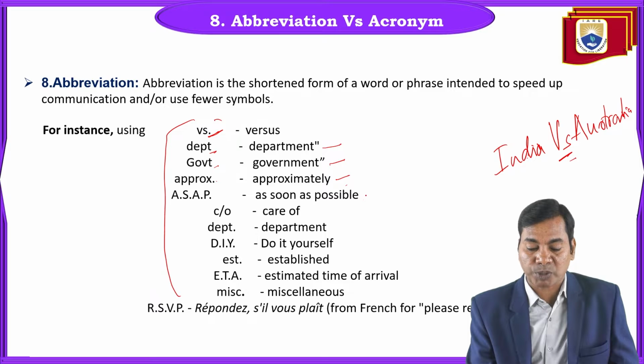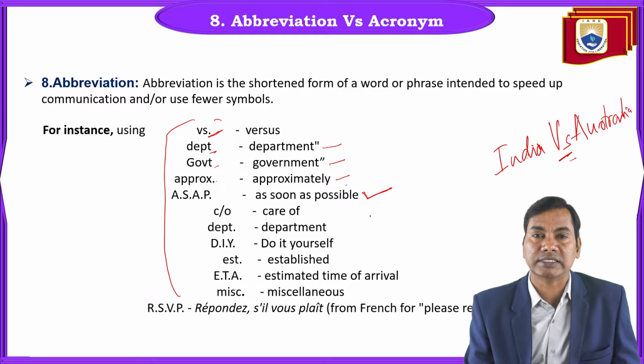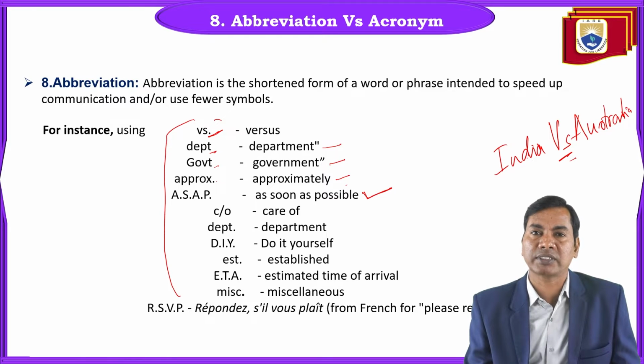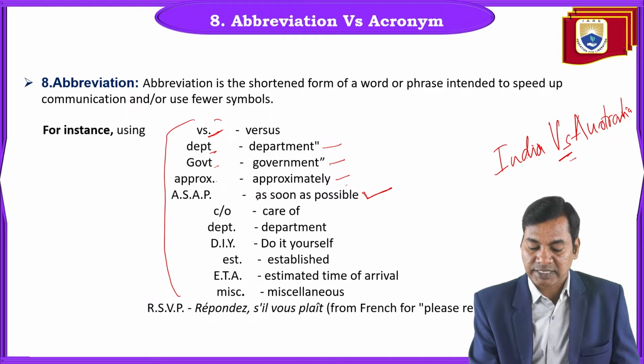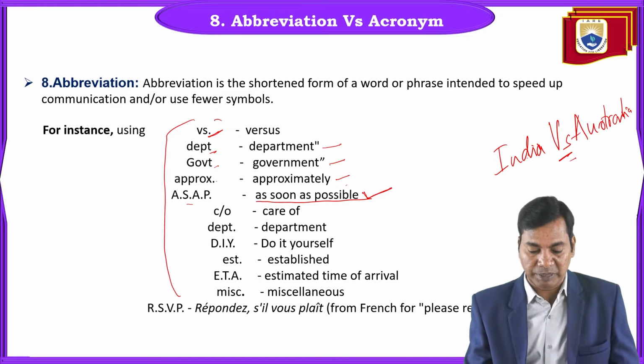ASAP, as soon as possible. This abbreviation is used in business transactions, right? Instead of writing as soon as possible, which is a lengthy phrase, they simply mention ASAP at the end of business emails.